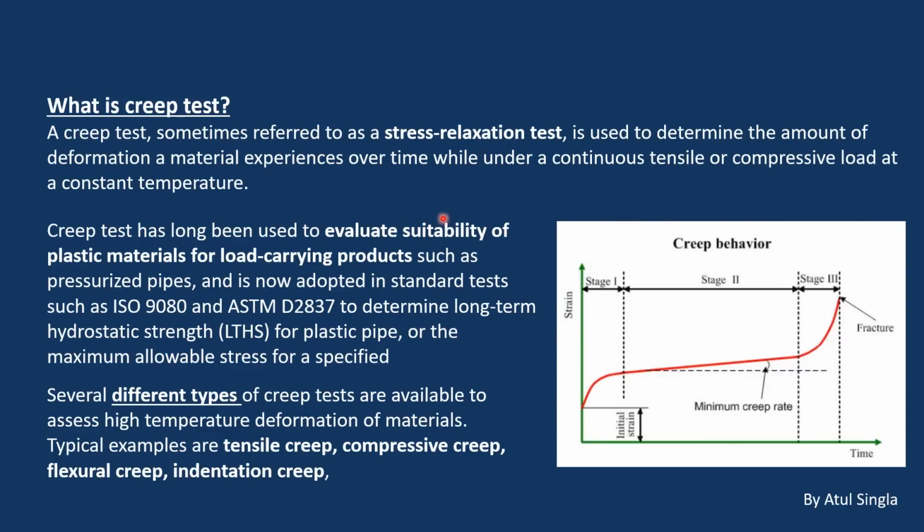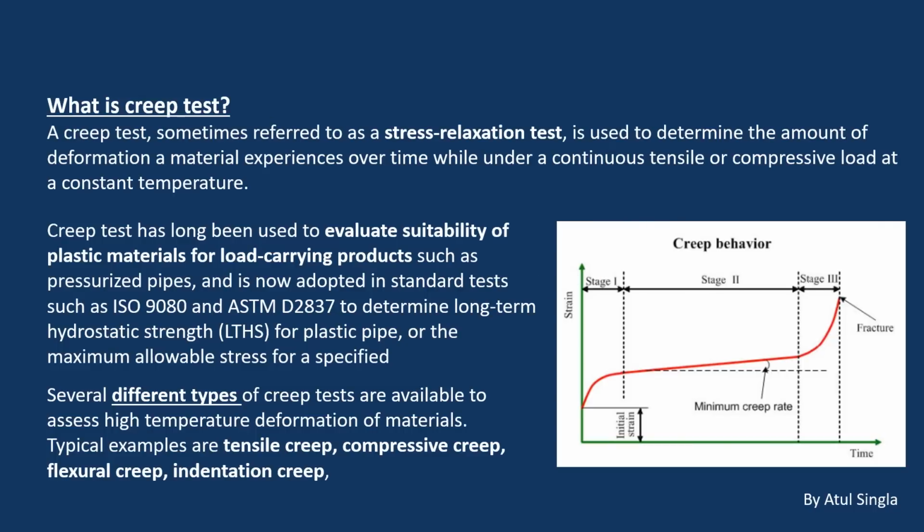We are talking about a continuous tensile load at a particular temperature, and the deformation increases with increase in time. As time passes, with the material under continuous load at a particular temperature for a very long time, this is the kind of behavior inside the material.